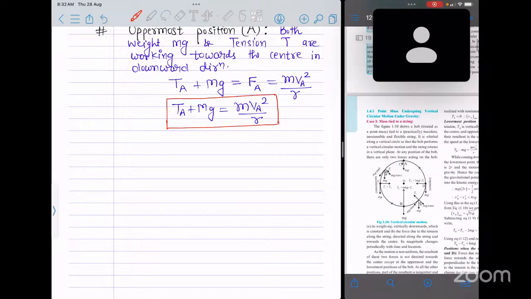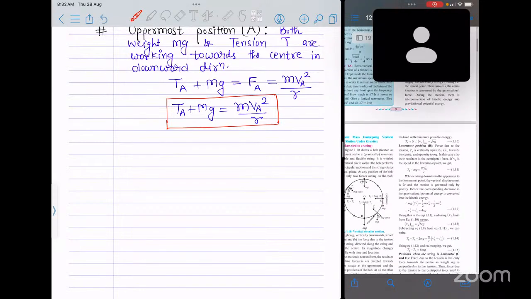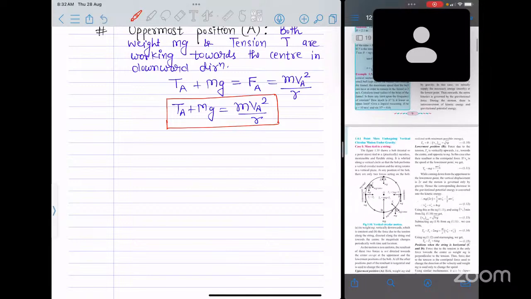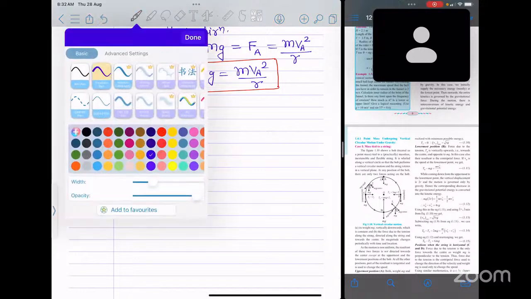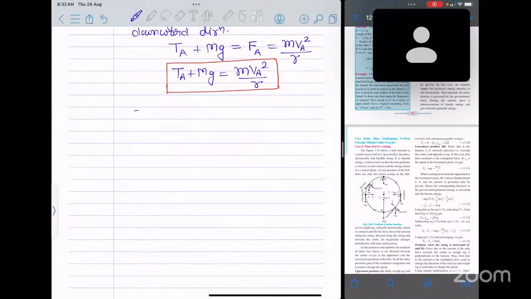For minimum possible speed at point A to complete the circular motion, tension in the string at point A will be 0.